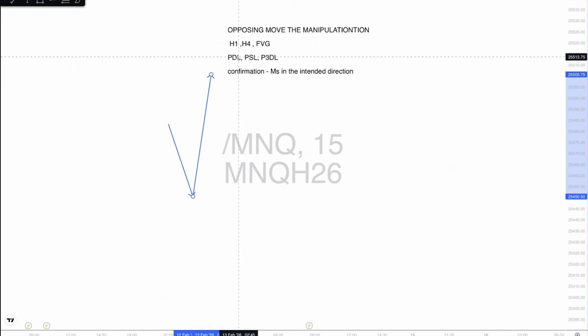So once price trades into one of these key points of interest, all I'm simply doing is waiting for price to show me a confirmation, in the form of a market structure, that price is now ready to start delivering on the buy side.